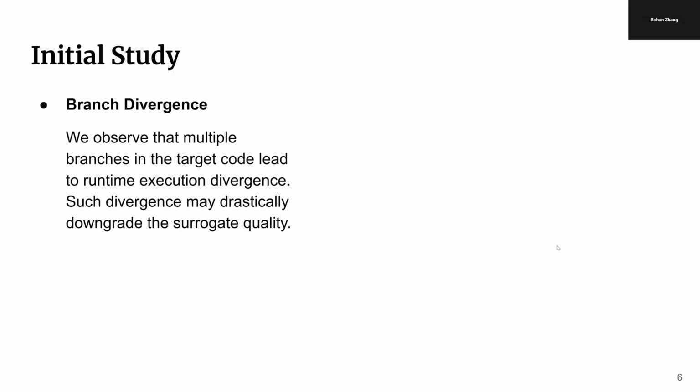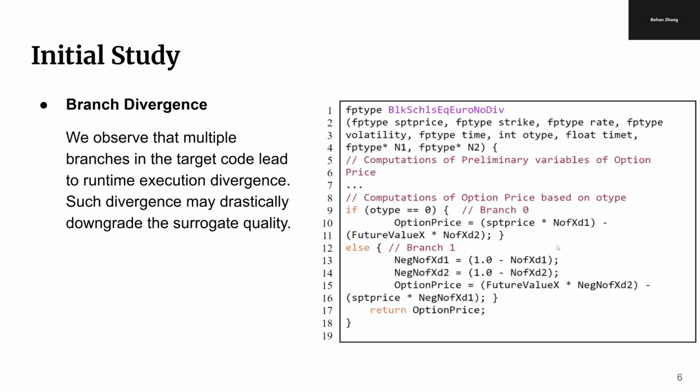The first root cause is branch divergence. Many target regions contain branches that lead to entirely different computations. The code on the right is Black-Scholes. 2 branches are selected by the conditional otype equal to 0. Both branches return the same output, the option price, but it is computed very differently.